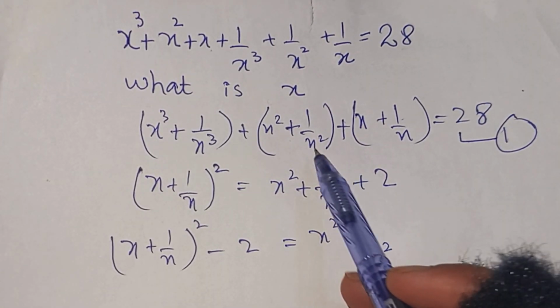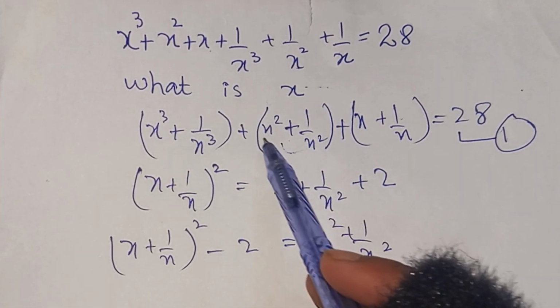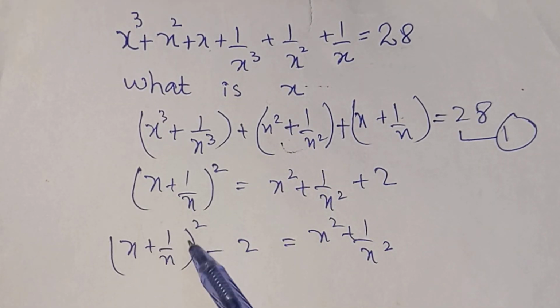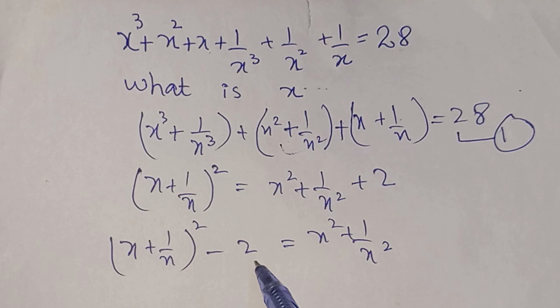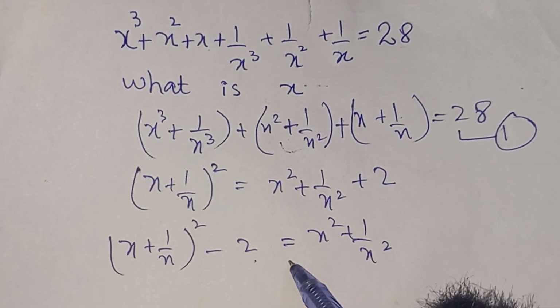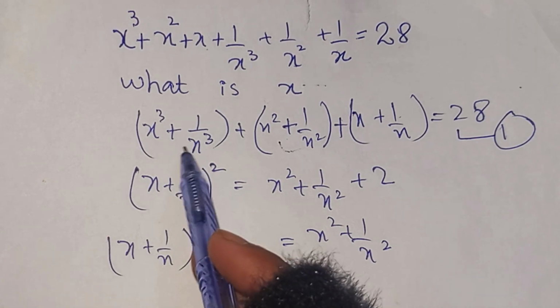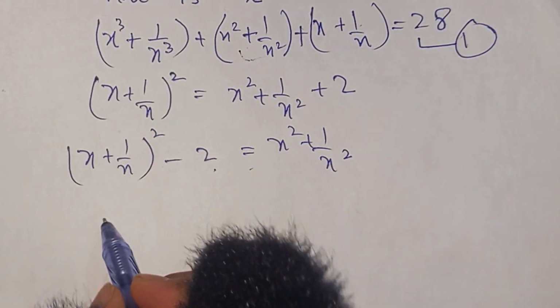So look at equation number 1. We find the value of x² + 1/x², which is (x + 1/x)² − 2. Now we use this value in equation 1, but before that we take another identity.